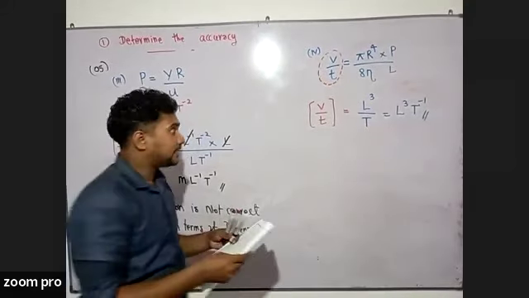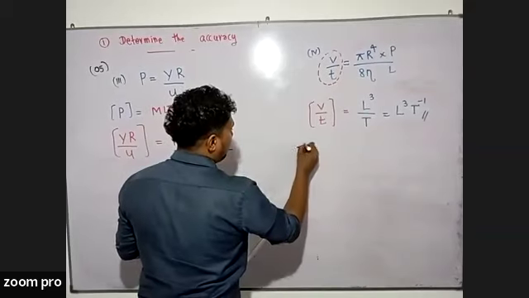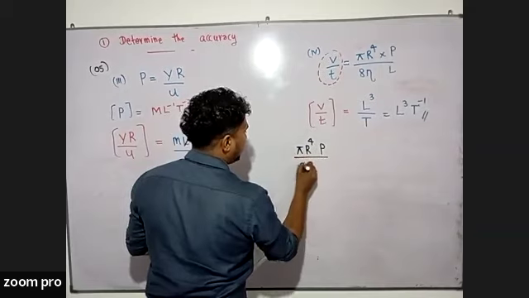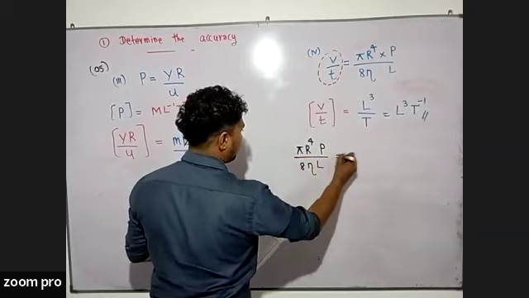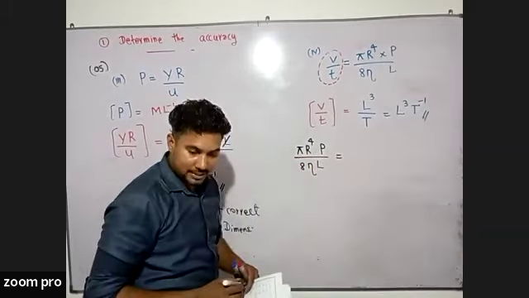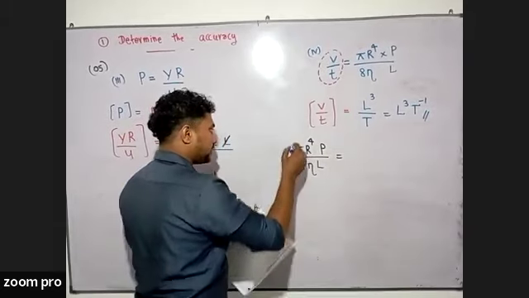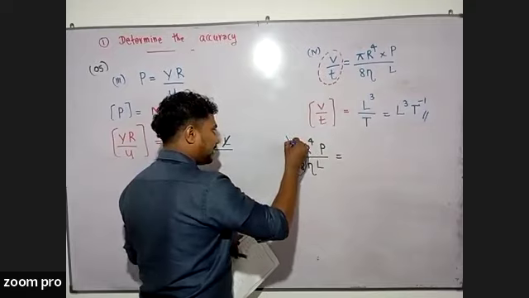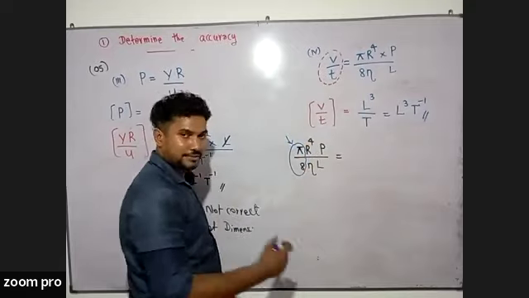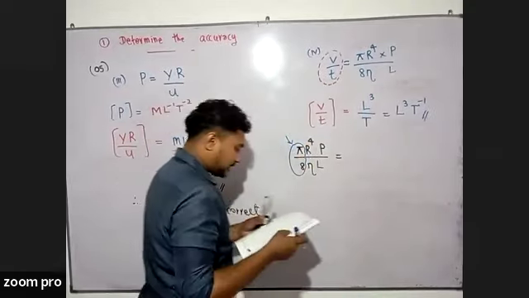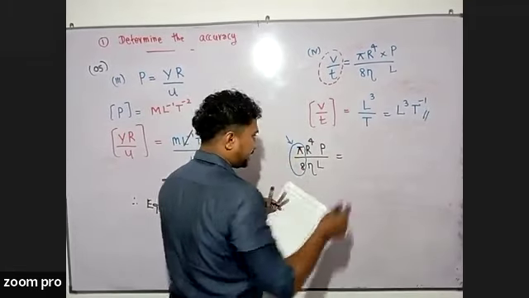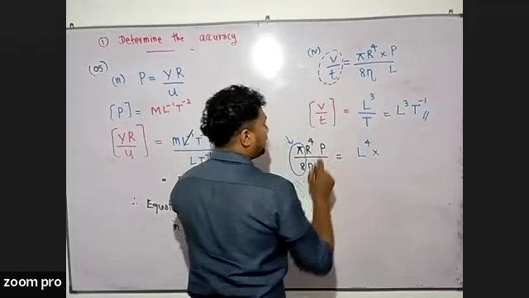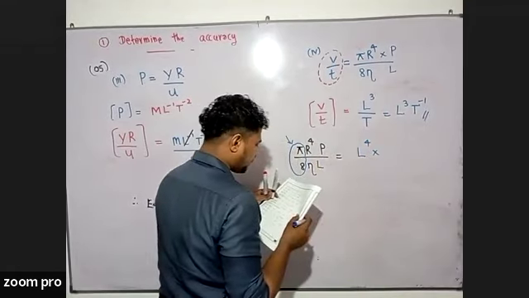Let's move on to the other one, that is pi r to the power 4 P over 8 eta l. You can clearly understand that this equation consists of pi and 8, so you don't need to worry about the dimensions of pi over 8. Just neglect it. Then r represents the radius, that means it's a length, so it should be L to the power 4. P represents the pressure.